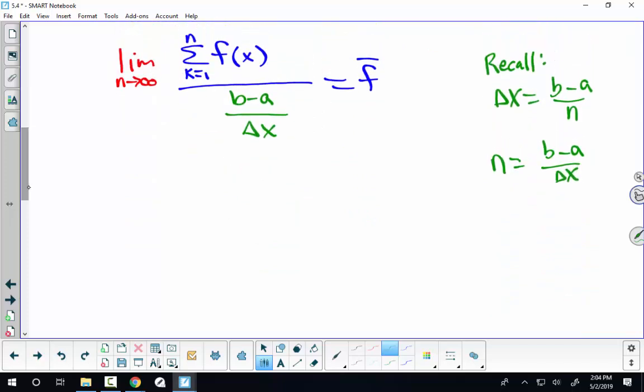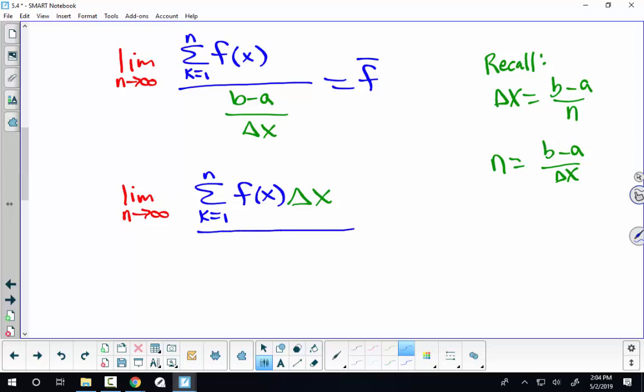Invert that and multiply, and so what we have still up top is the limit as n approaches infinity. We have our sum, k equals 1 to n of f of x, inverted and multiplied, times delta x divided by b minus a, is the average value.